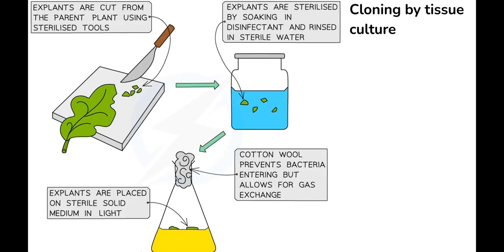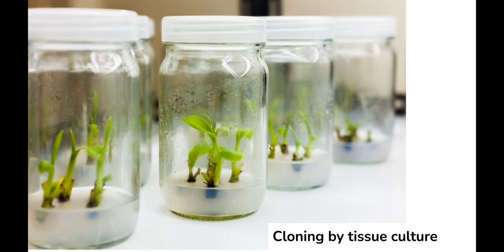But cloning by tissue culture is also very popular and getting very common, especially with laboratory techniques. Just leaves or roots are cut into pieces and immersed in sterile water, and after a while they develop roots and can be grown into baby plants, which are then used to grow mature plants.